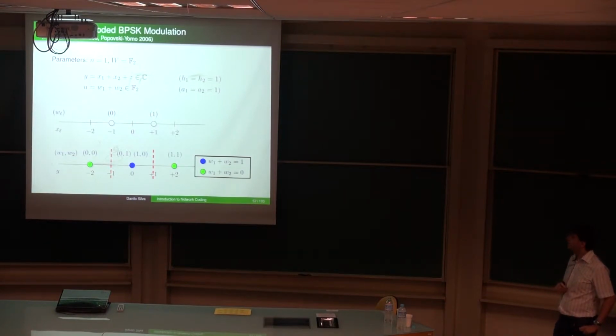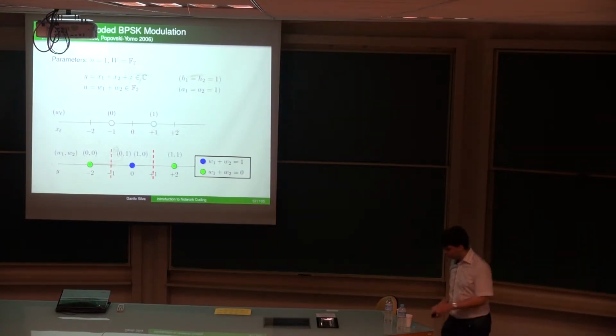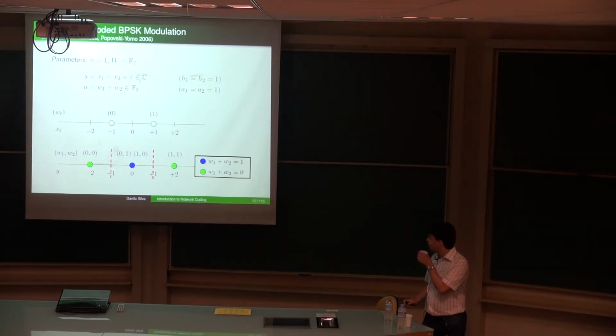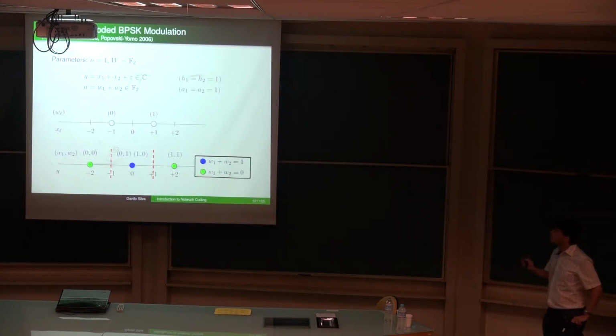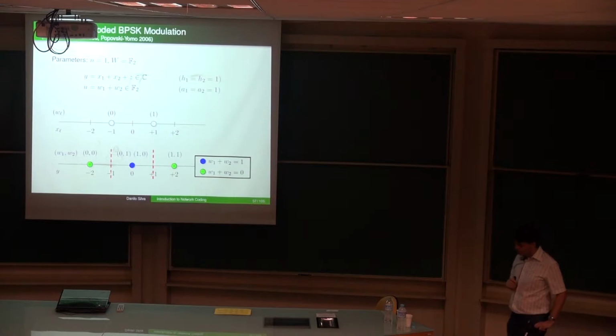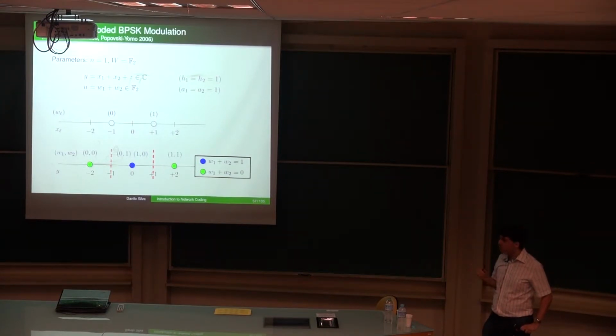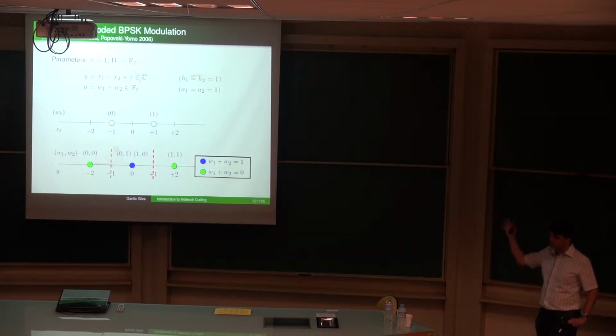Then, in the case of noise, you just make some decision regions here, and you can decode with some probability of error that you can control. This is an uncoded example, but it's a simple illustrative example, and it was a proposal. This gave the origin to this area of physical layer network coding in 2006.